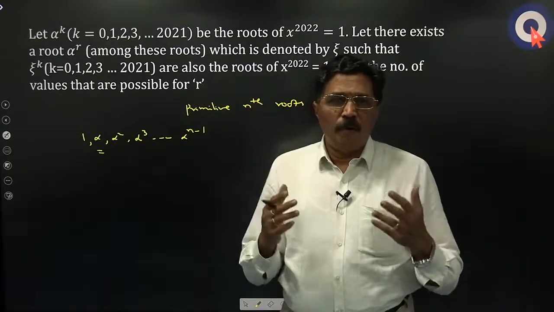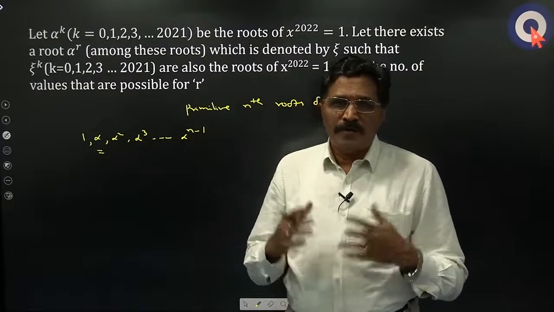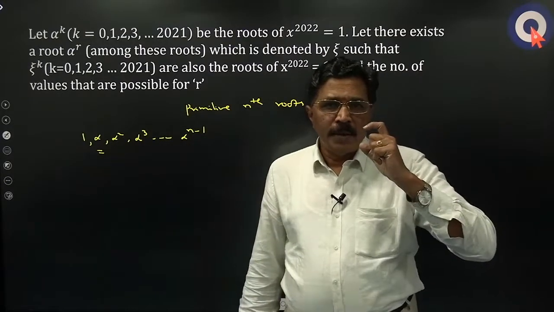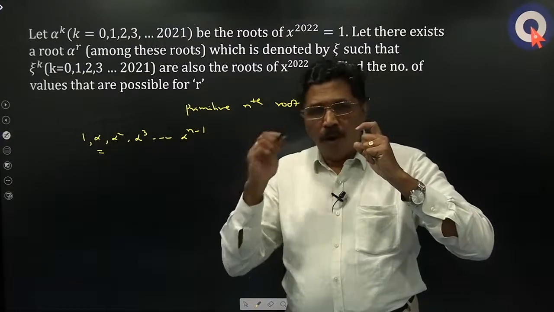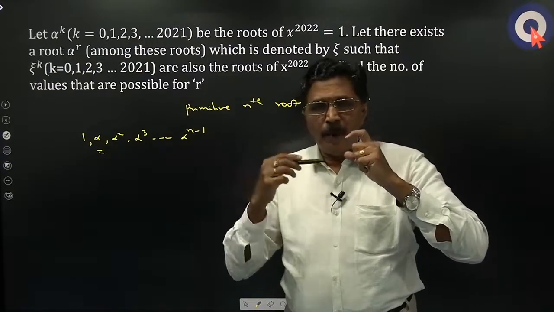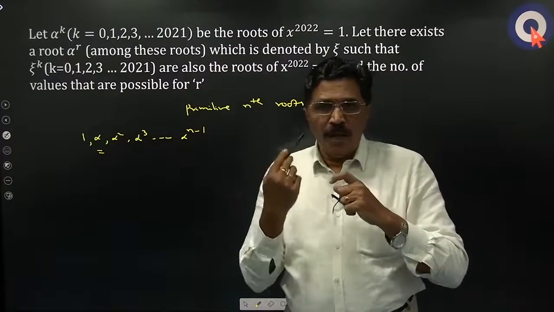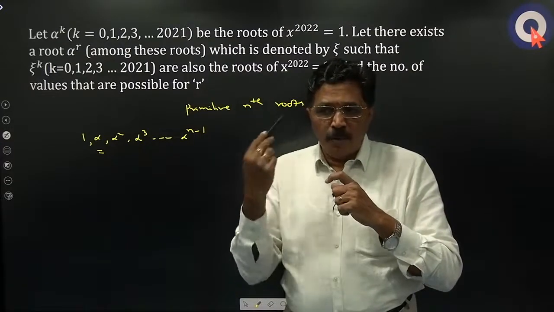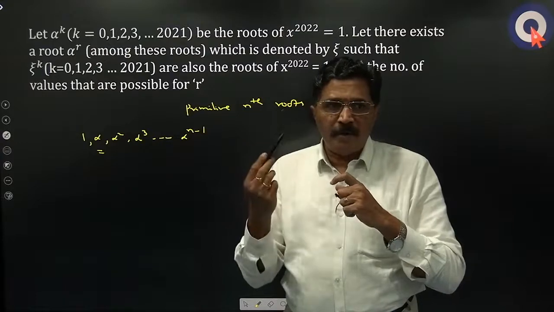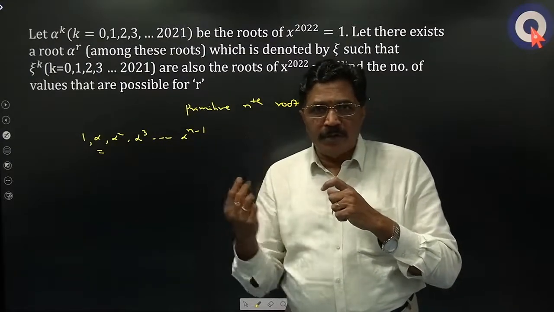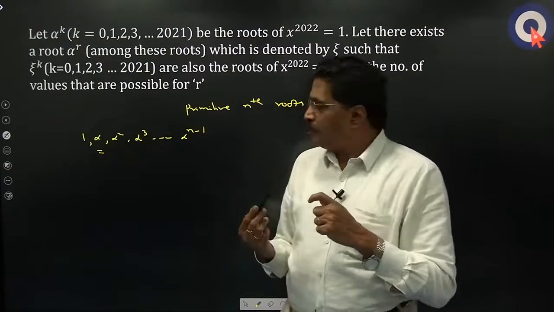Raise it to the power 4, you get alpha^4, etc. So alpha has the capability to bring out all the other roots by appropriately raising it to a certain power. We can generate all the other roots.